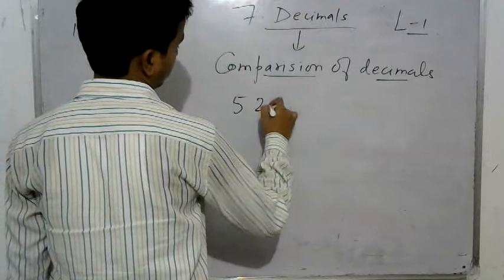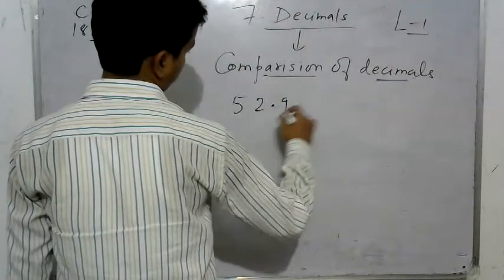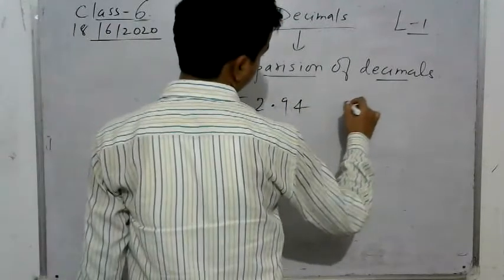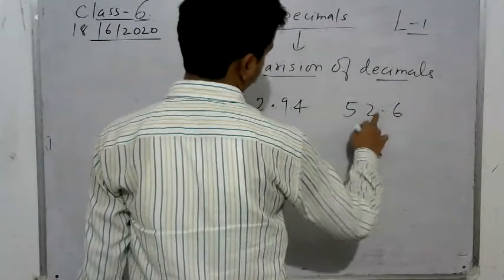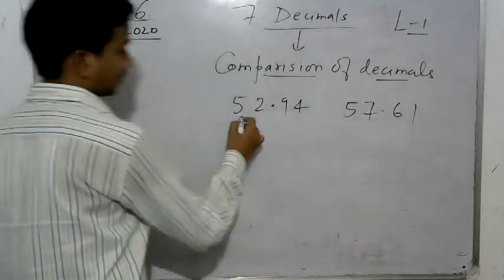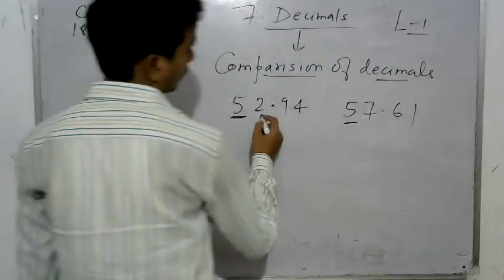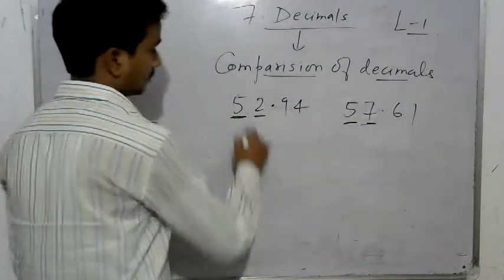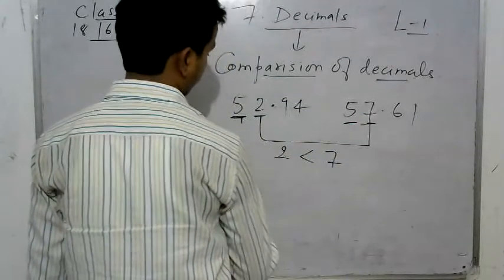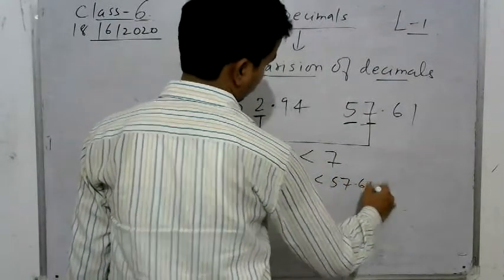Suppose this is 52.94 and here 57.61. First compare the 5. Since 5 is the same, now move to the next digit. Compare 2 with 7. Since 2 is less than 7, therefore 52.94 will be less than 57.61.